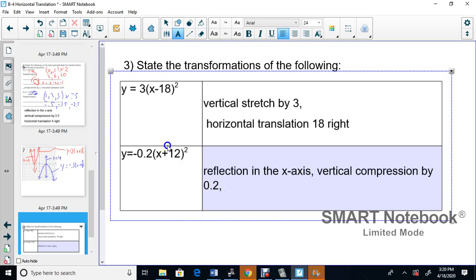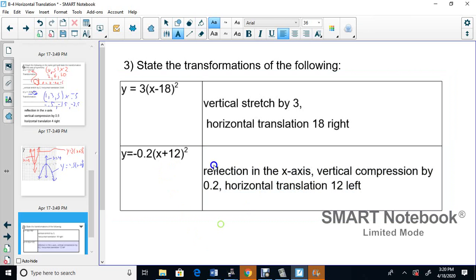And the final one, the plus 12. Well, that tells me it's a horizontal translation, 12 left. It goes the other way. It goes to the left by 12. Now you guys can fill in the rest of the chart and do the other questions. Okay, if there's another chart, do the chart and finish the graphing questions.